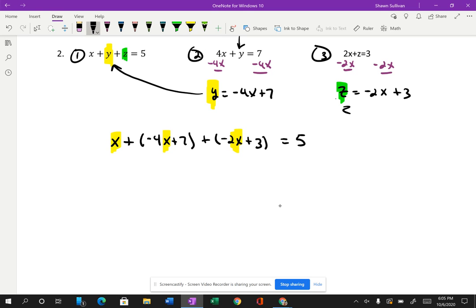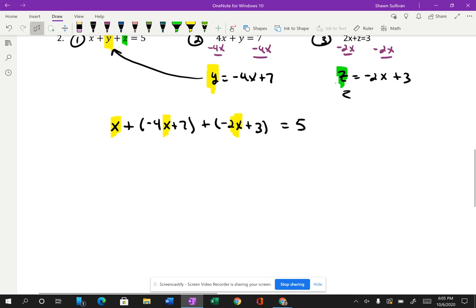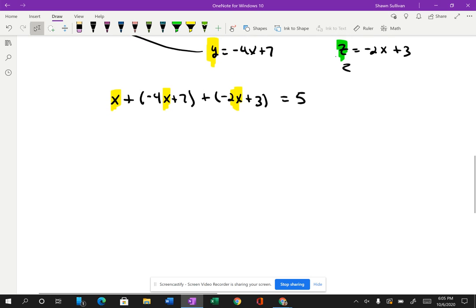Now, you didn't need to put the parentheses on here if you didn't want to. It's not necessary, but it's helpful to get in the habit in case you have a coefficient that you have to distribute. Fortunately, we didn't have to do that here. So I'm just going to rewrite it without our parentheses, and we're going to start cleaning this up. So we have x minus 4x plus 7, minus 2x plus 3 is equal to 5.